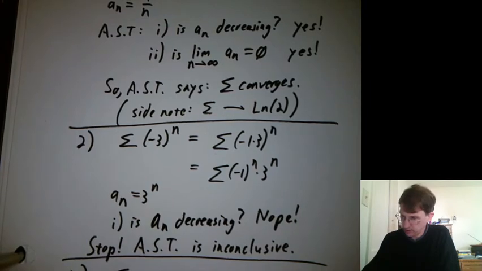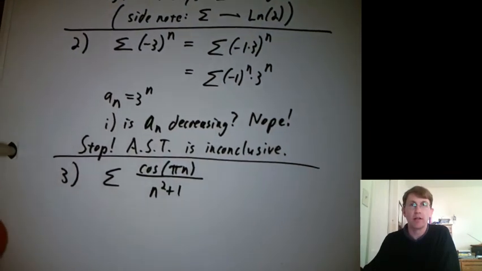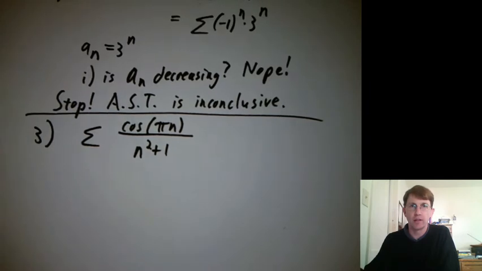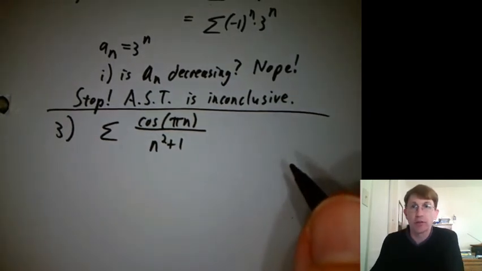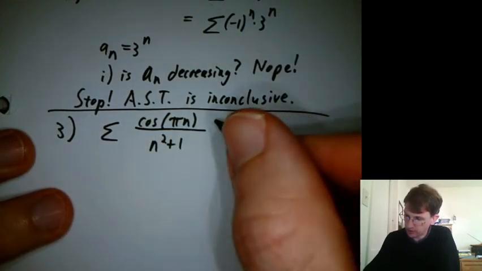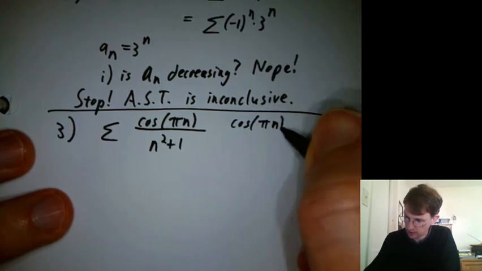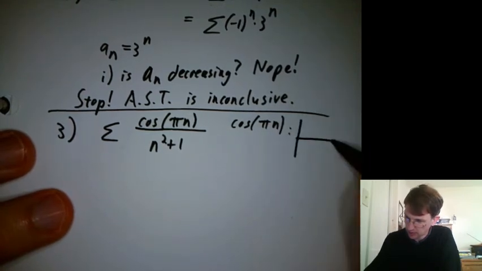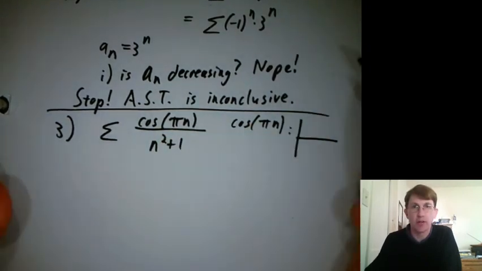How about the sum of cosine pi n over n squared plus 1? That does not look like an alternating series, does it? Well, often when we don't know what's going on, it's a good idea to graph stuff. So let's try graphing just the cosine pi n to start. At n equals 0, we didn't even really say where we start, but that's fine.